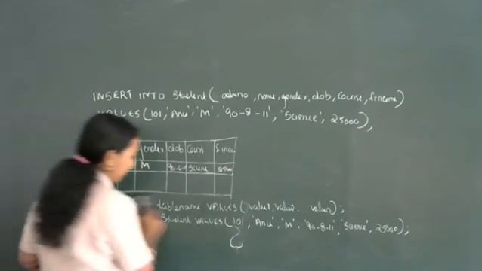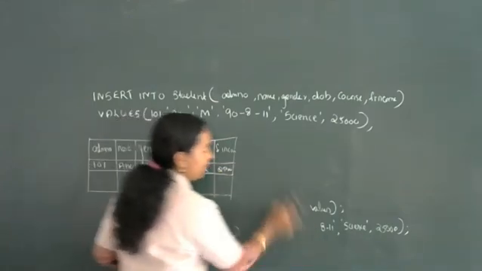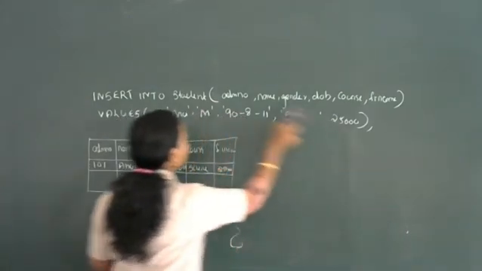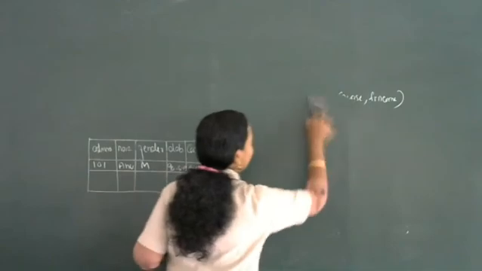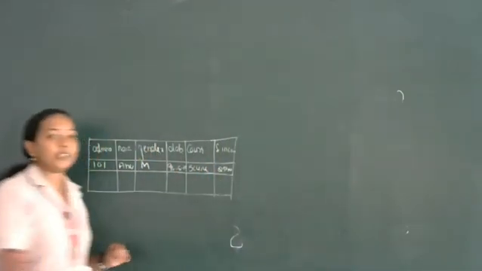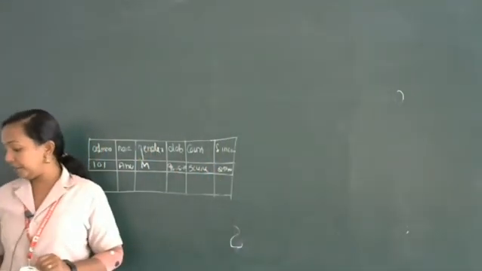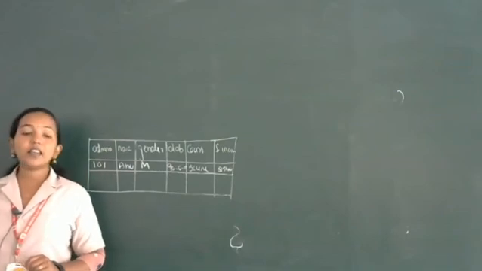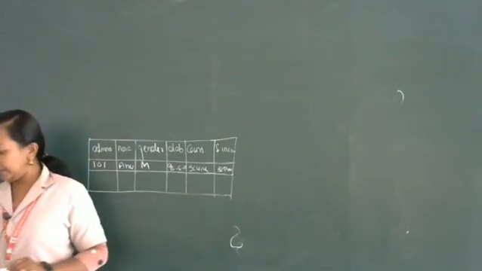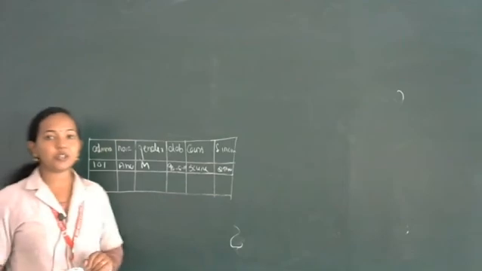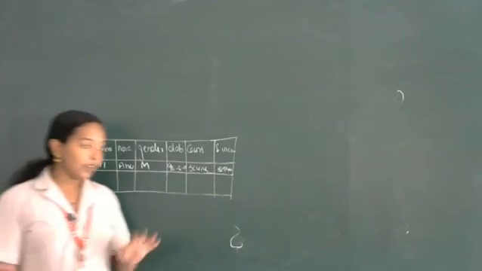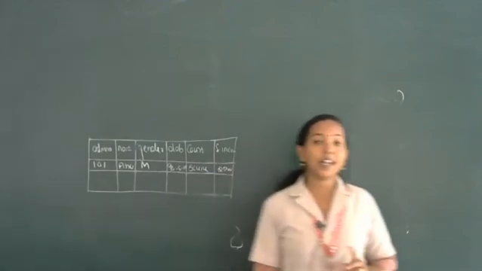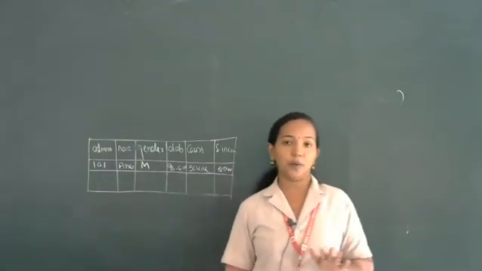Insert into table belongs to the DML command. Third one: how we are retrieving information from a table. In relational algebra we discussed two kinds of operation, select operation and project operation.